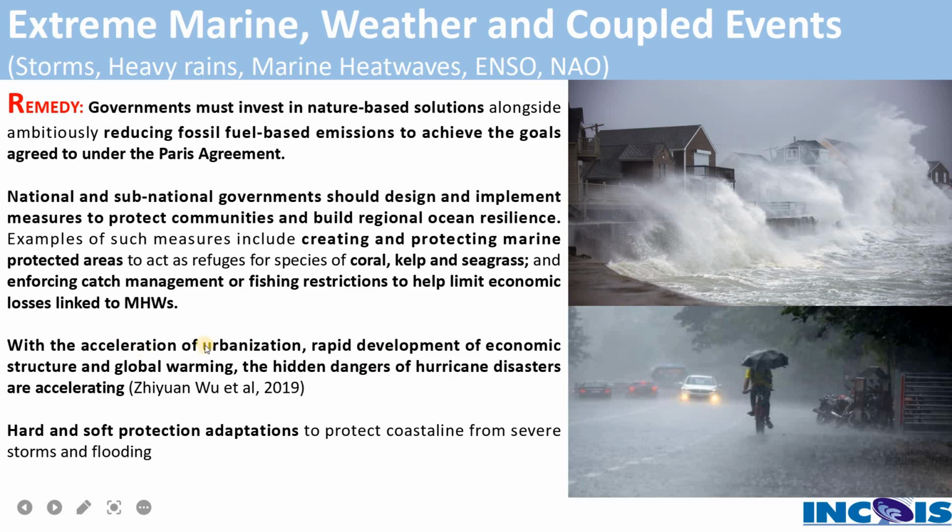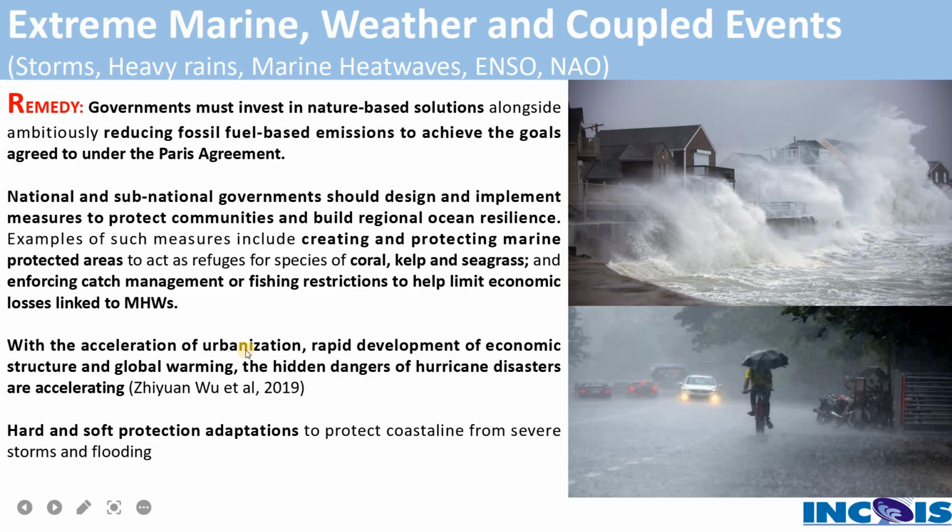So we have to decelerate this urbanization, rapid development of economic structure, and global warming to control hurricane disasters, because all these processes will raise global warming. So thereby you can see warm water is more likely to fuel more intense, severe cyclones, right?